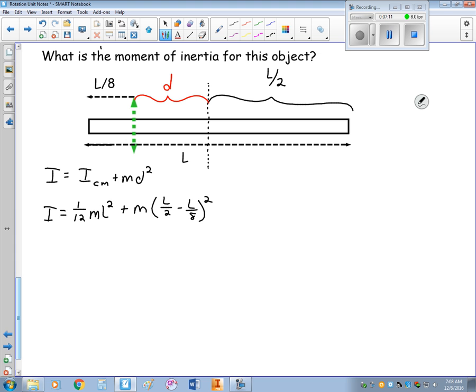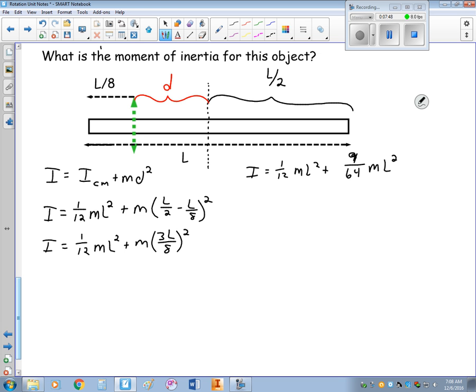Now I just have to do a little bit of math. So find the common denominator, add them together. Three squared is 9, 8 squared is 64, L squared is L squared.